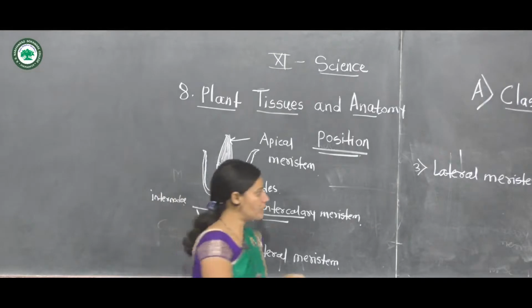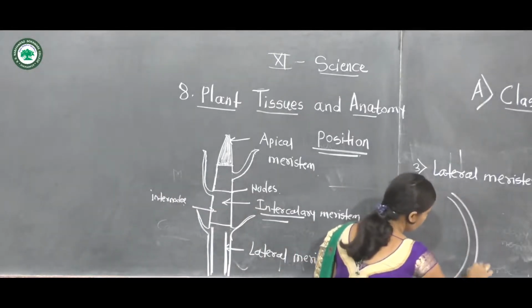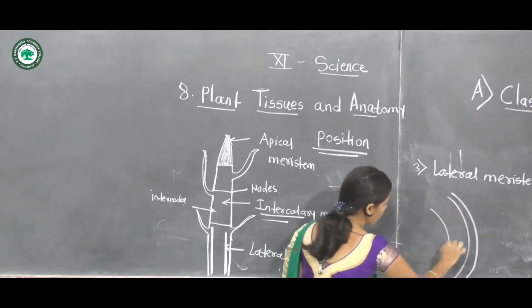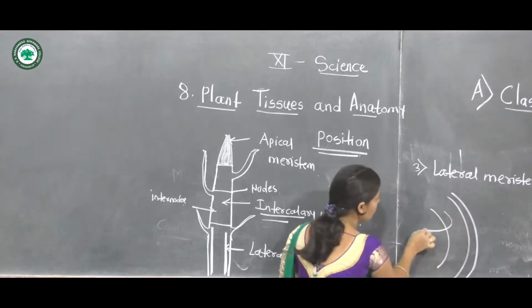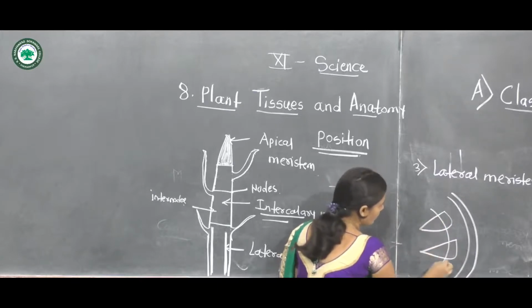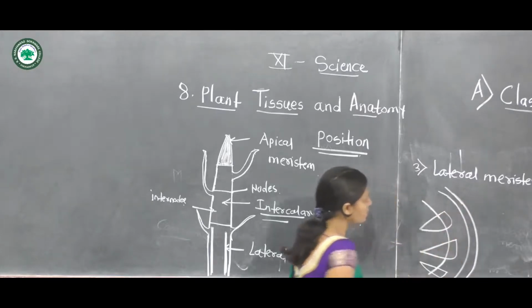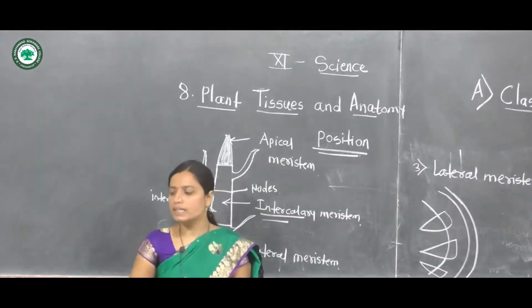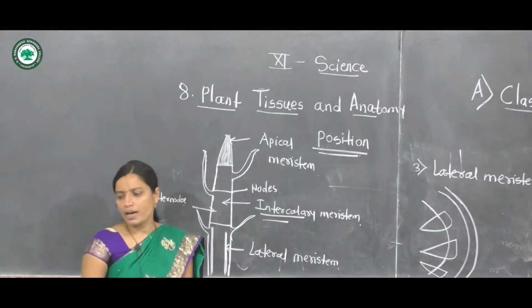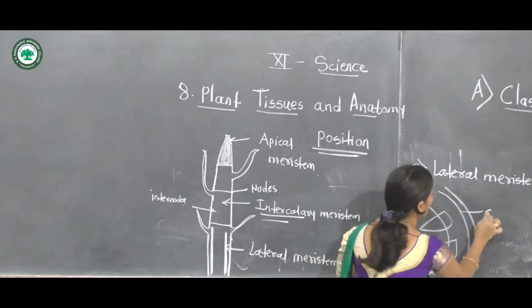Now the structure of this meristem. It is found in the vascular bundles, and in the middle portion the cambium is present. This lateral meristem is present at the side of the stem and root. There are other cells like the cortex.